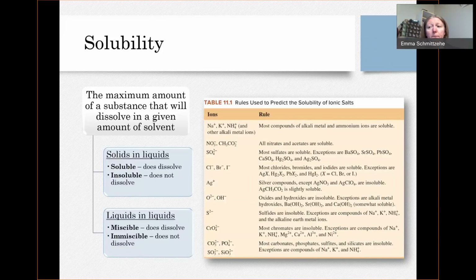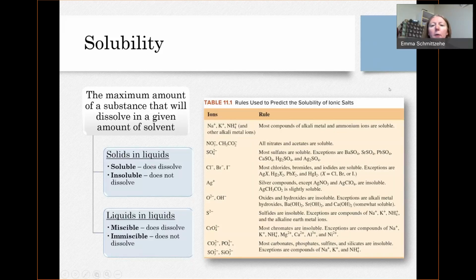Whereas when we say that things don't dissolve or they don't mix, it's not 100% true, because there's always a very small portion at least that does. So using the term insoluble or immiscible doesn't mean that 0% of that solute mixed or dissolved, because there's always a little portion of it at least.